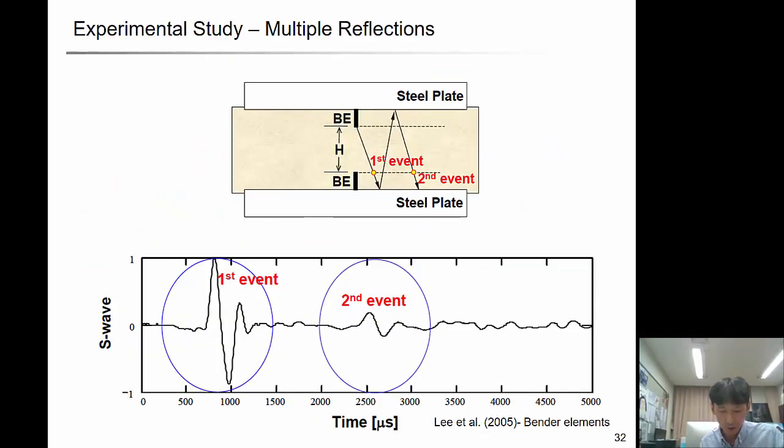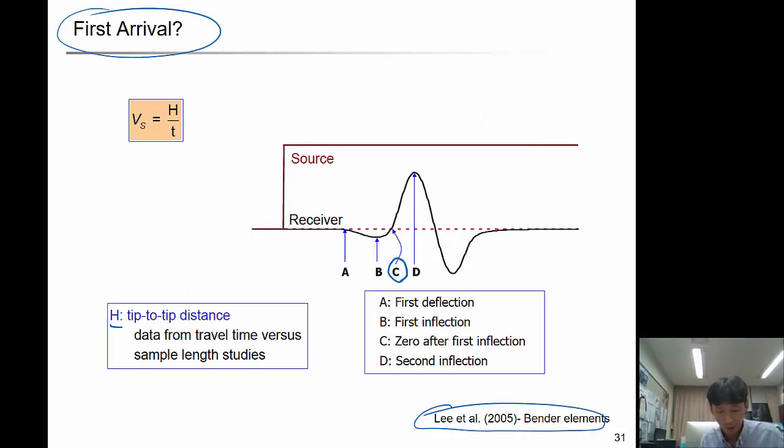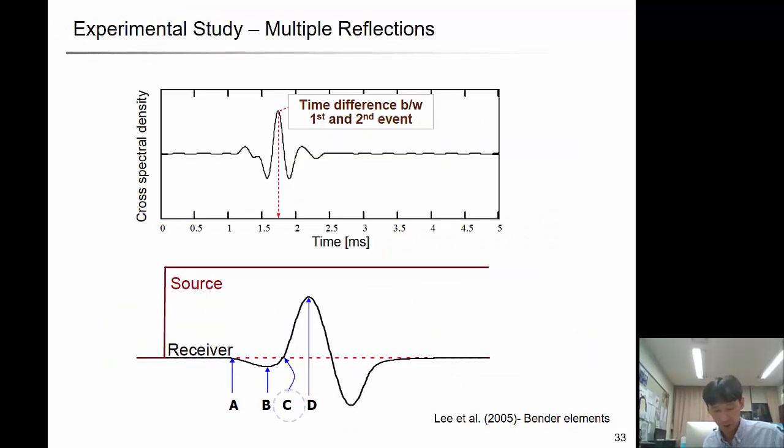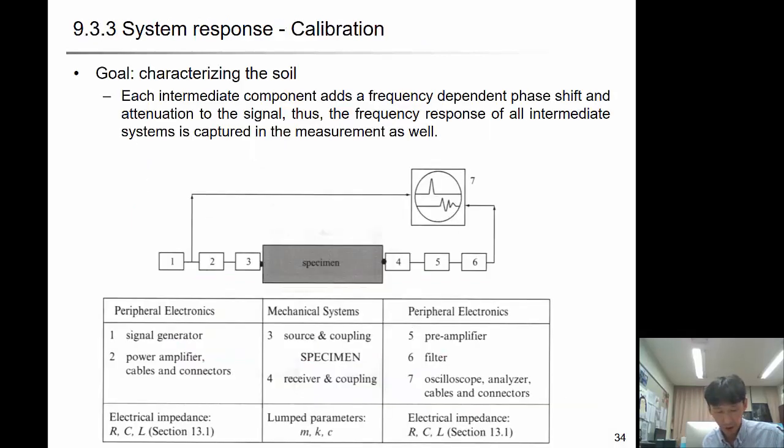But now people are just using the tip-to-tip distance, because it's simpler, and it was also proven to be correct to just use the tip-to-tip distance and take the first zero point after the first inflection here. And please review these papers.